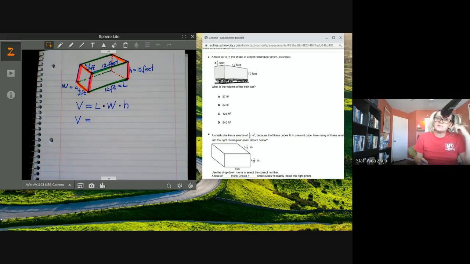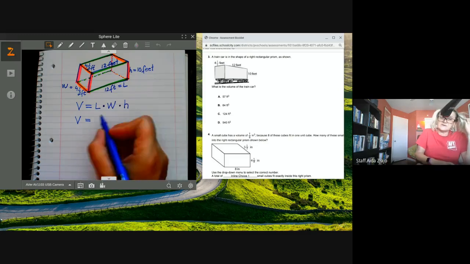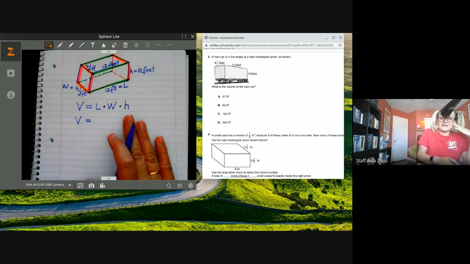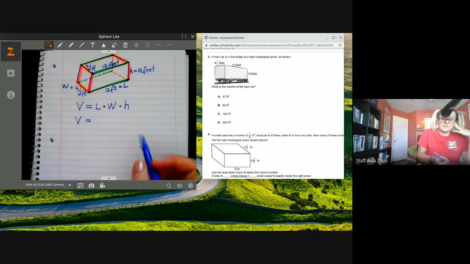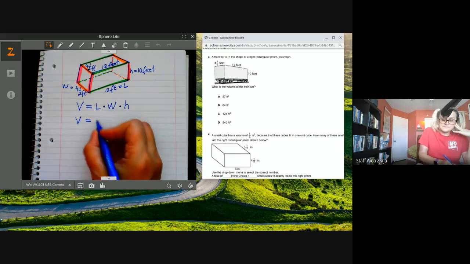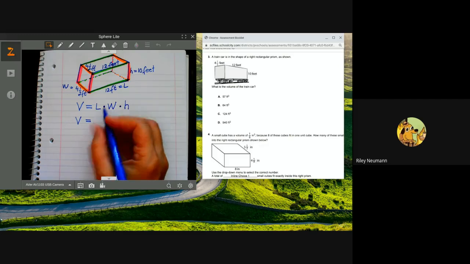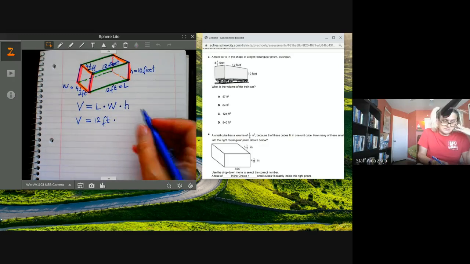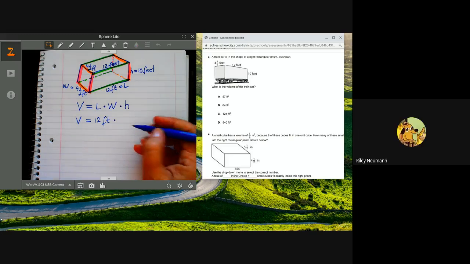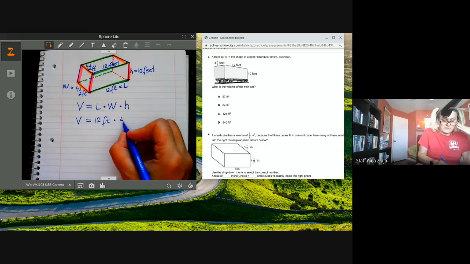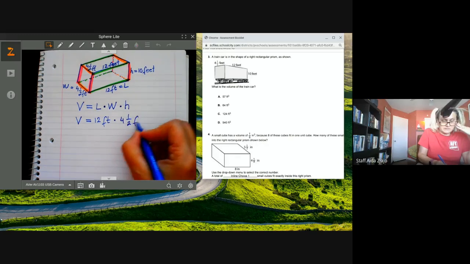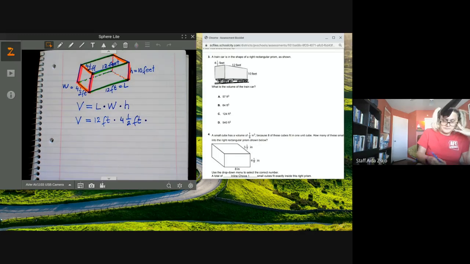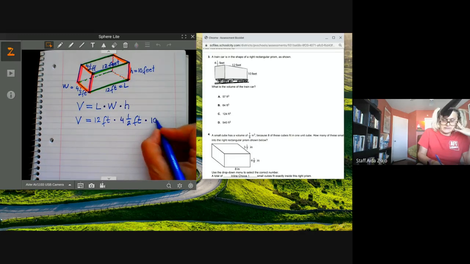Okay, so now what is the length? We're going to substitute length, width, and height with the values from the train car. So length is what? 12 feet. 12 feet times width is 4.5 feet. And then height is 10 feet. Okay.